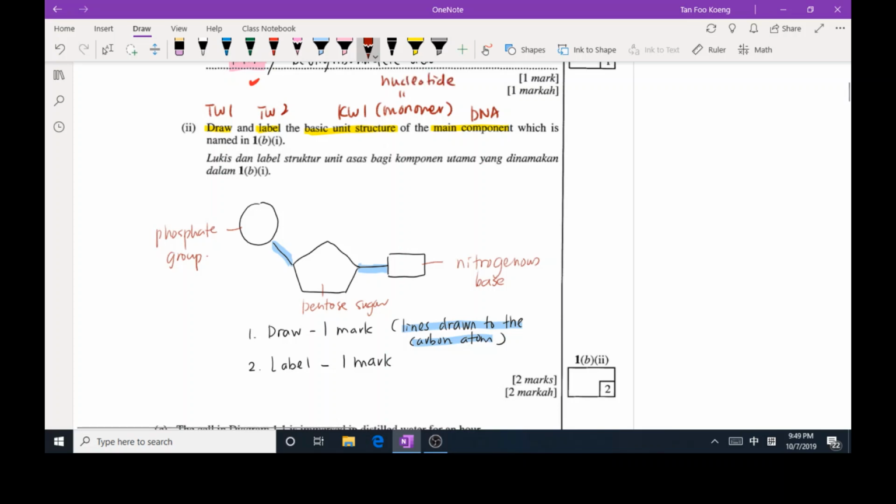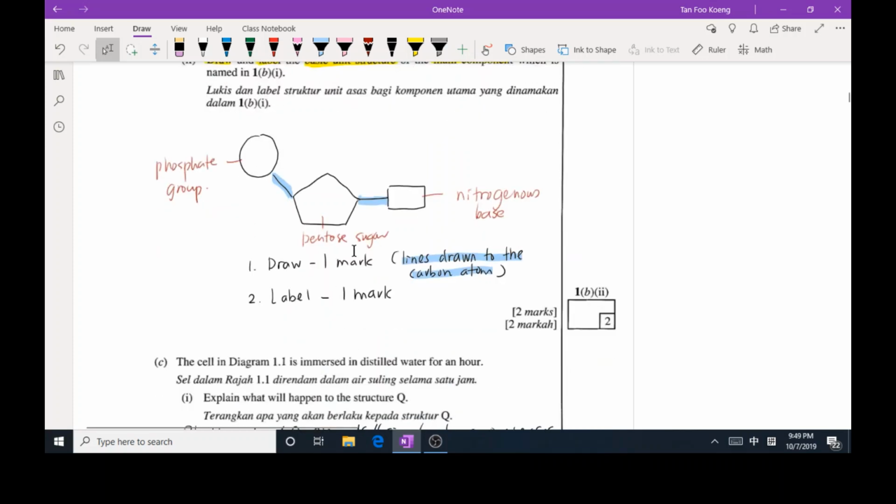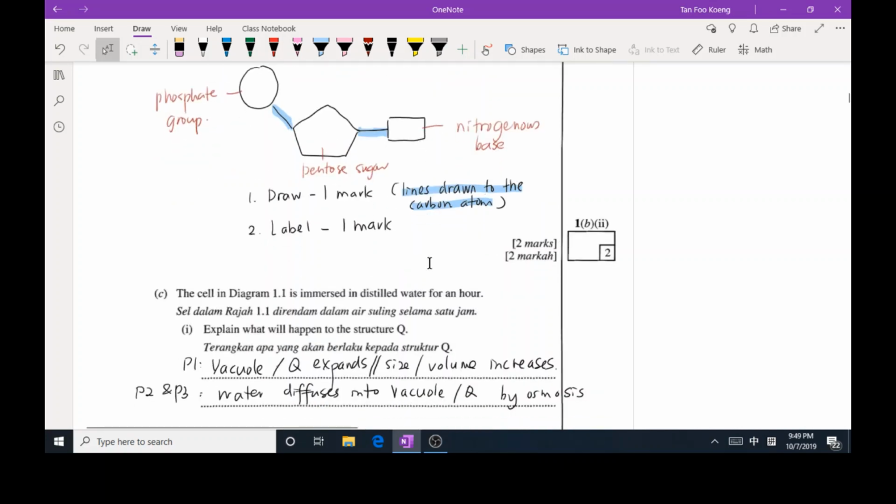And nucleotide has three parts: the phosphate group, pentose sugar, and nitrogenous base. So drawing itself will give you 1 mark, labeling itself will give you another mark. So make sure that the line here is drawn properly. It is linked to the carbon. Now, this corner has a carbon atom and this corner has another carbon atom here. Alright. Now, by doing so, you'll be able to get 2 marks.